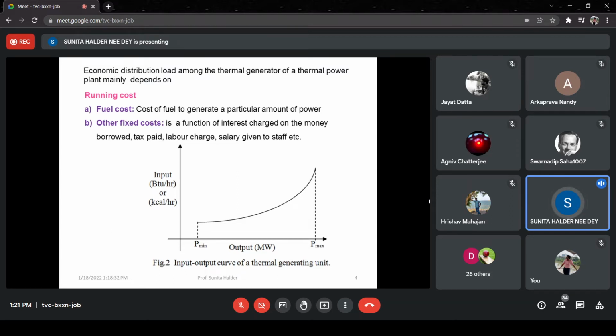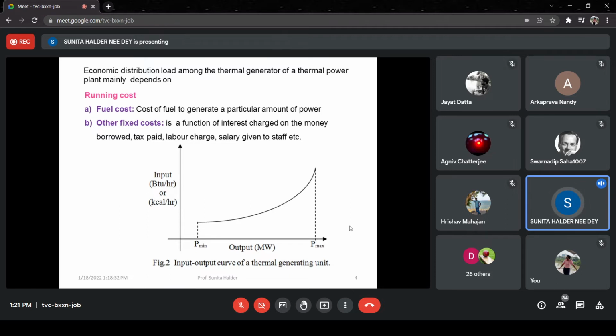Now input, that is British thermal units per hour or kilocalories per hour, is actually generated from the fuel. So this input on the y-axis we can convert into a fuel scale: how many kg of fuel or how many kg of coal is required. Similarly, we can convert and multiply by the cost of fuel or cost of coal to get the fuel cost.